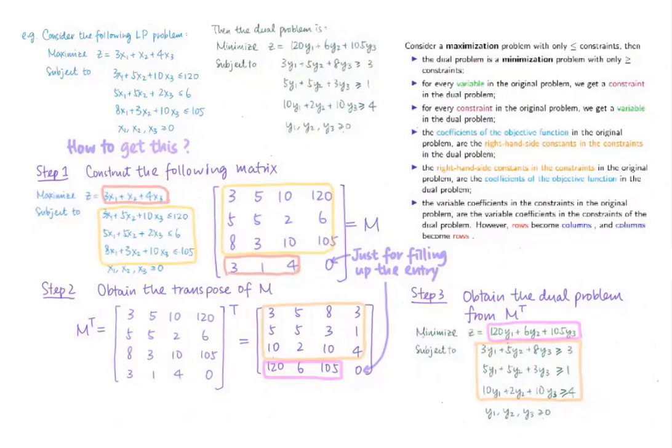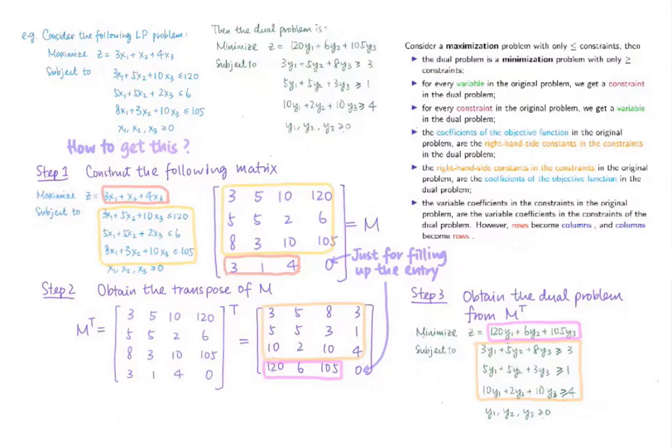Step 2. We obtain the transpose of M. In our example, the transpose of M will be this matrix. The ith row of the matrix M becomes the ith column of the transpose of M. Step 3. We can obtain the dual problem by reading the information from the transpose of M. In our case, the transpose of M is a 4x4 matrix.